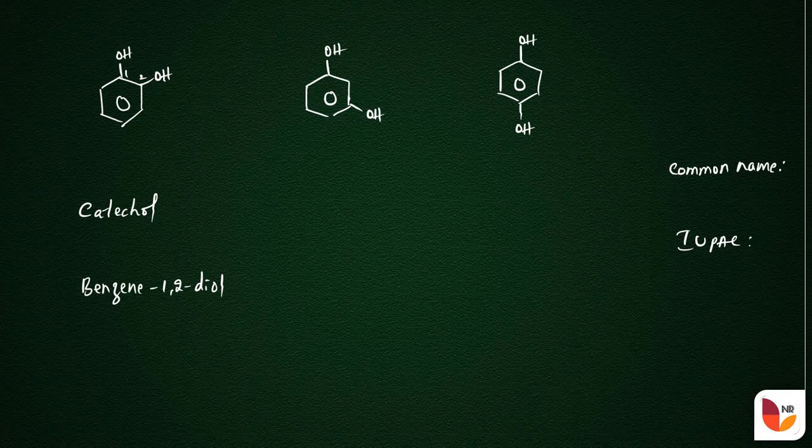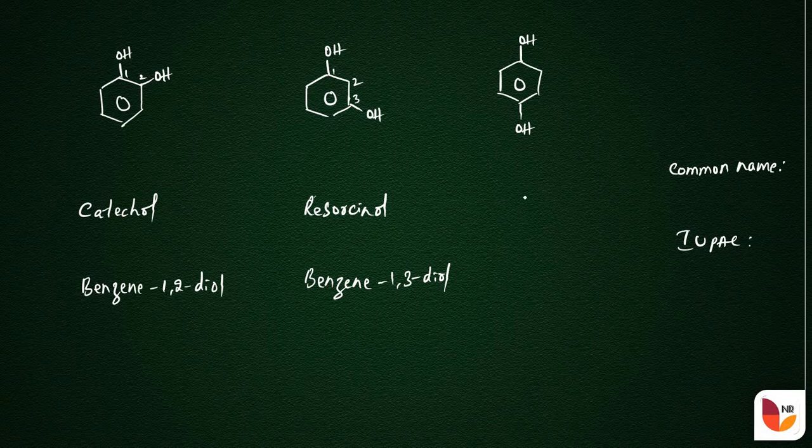And the next molecule in the common system is to be called as resorcinol. And in the case of IUPAC system, the molecule is written as benzene, and the position of the hydroxyl groups, that is 1, 3, and it is di-OL. And the last molecule, that is the 2 hydroxyl groups are present at the para positions.